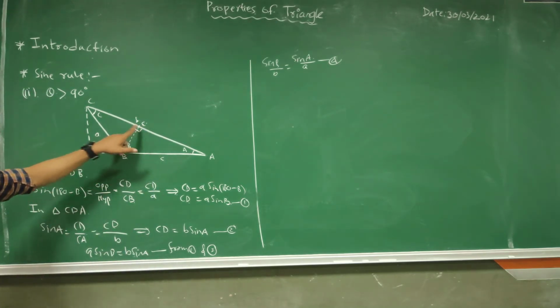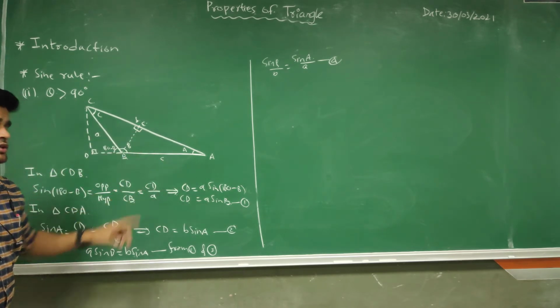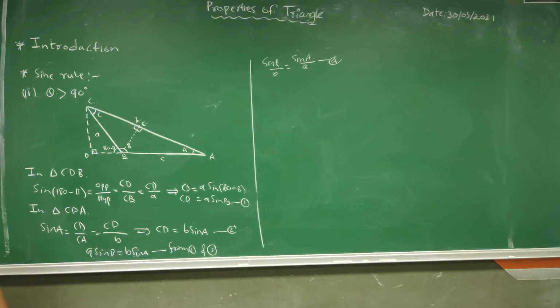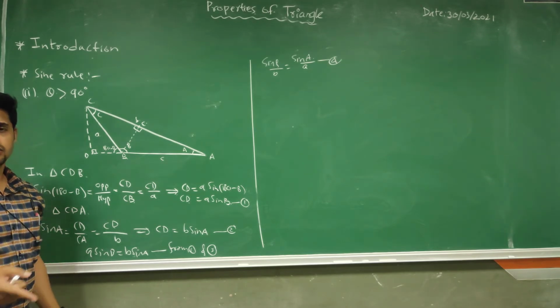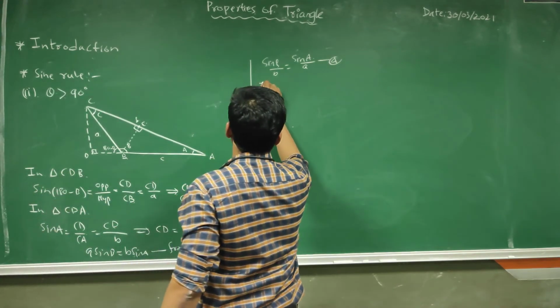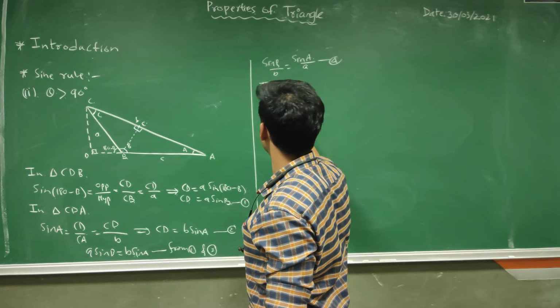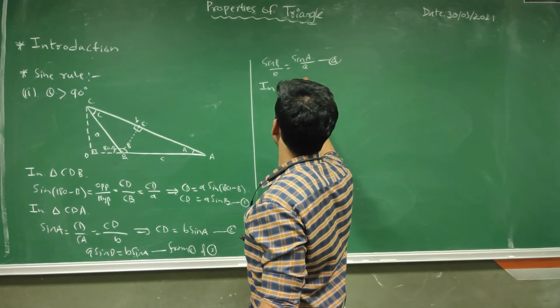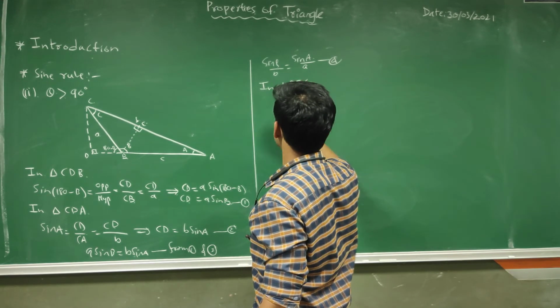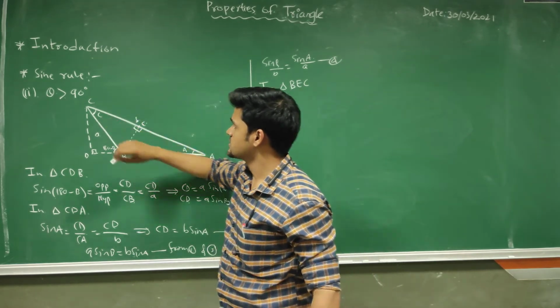So BEC is one of the right angle triangles, and BEA is one of the right angle triangles. So we can apply sine on both triangles. Let's see here in triangle BEC, I am applying sine.